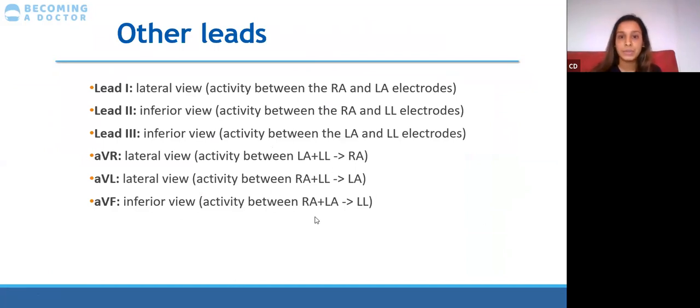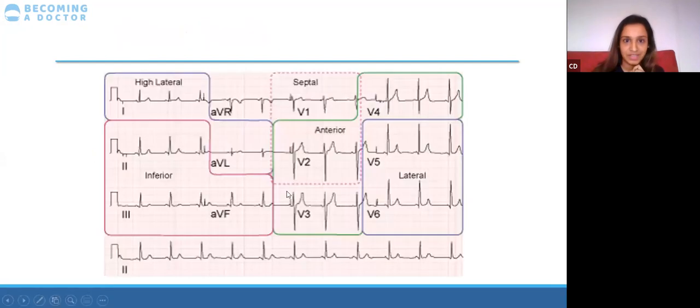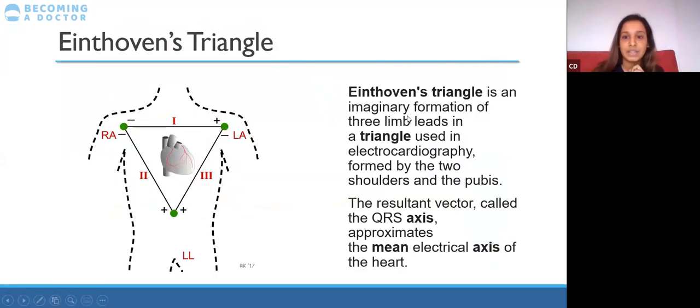Sometimes you use 2 or more electrodes to calculate what you call the reference, and then 1 for the exploring. Do they produce the triangle that you mentioned? No. The triangle is using the limb leads, so that's kind of separate.